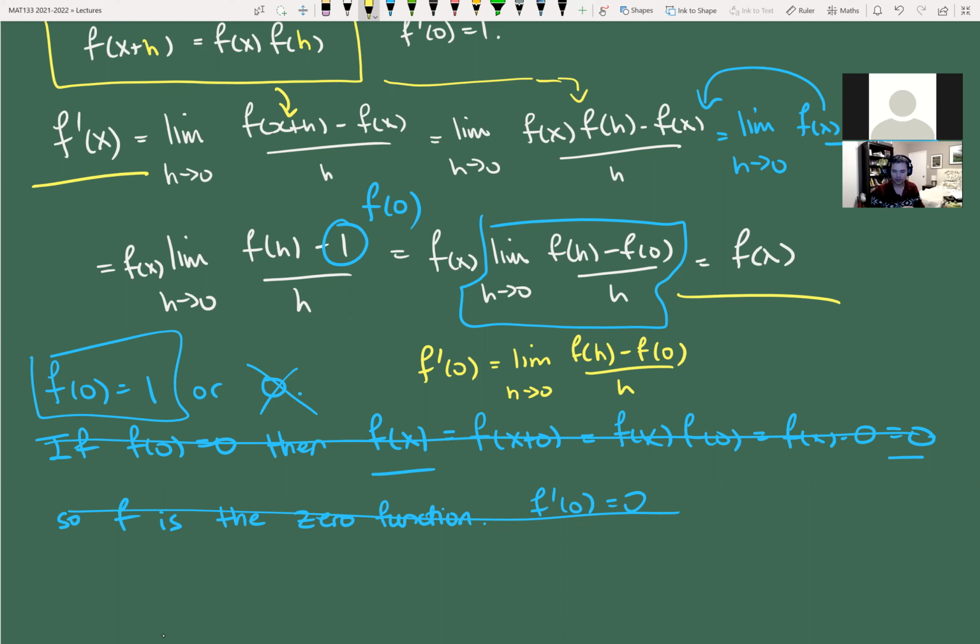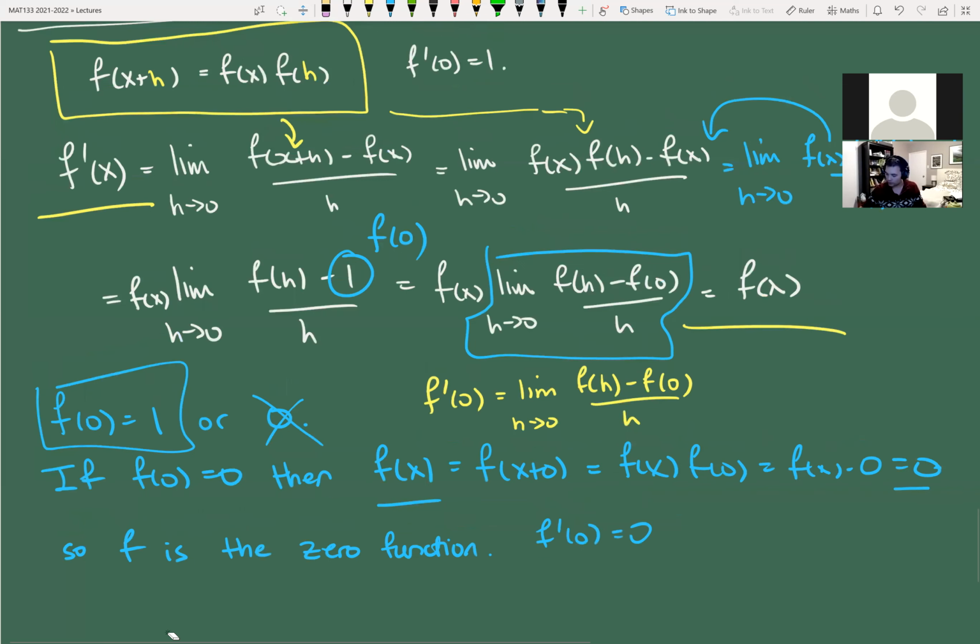Does that make sense? There's a little bit of logic going on there that you have to reason through. What would happen if f of 0 was equal to 0? If f of 0 is equal to 0, then f is the 0 function. That's this thing I crossed out here; let me uncross it out. If f of 0 is equal to 0, we can show that f of x is equal to 0 for all x. So f is constantly the 0 function, and then its derivative is also constantly the 0 function.